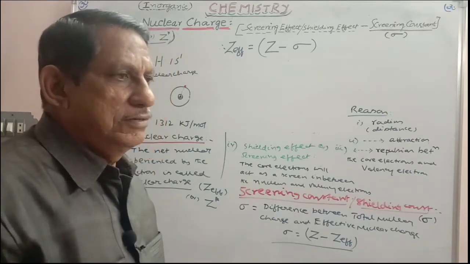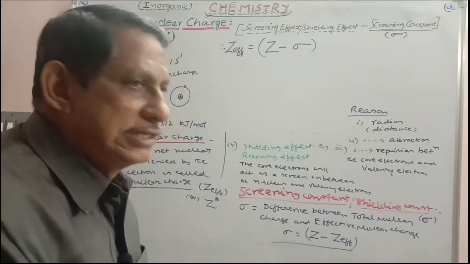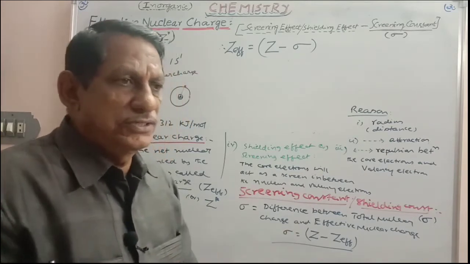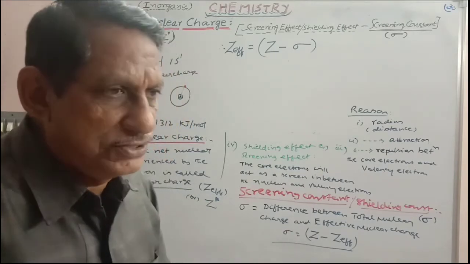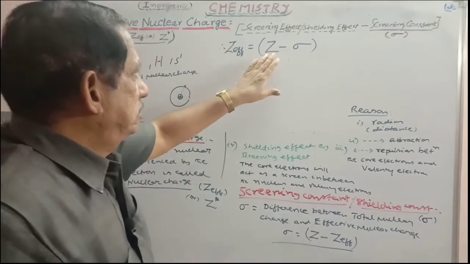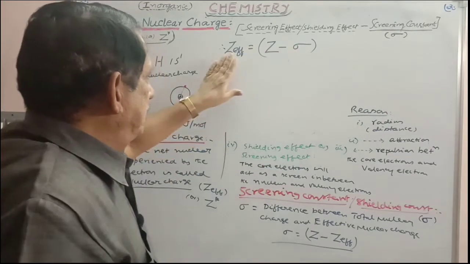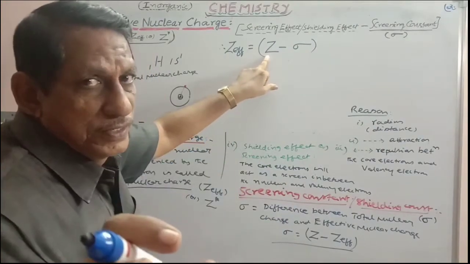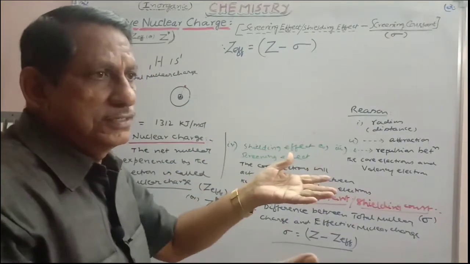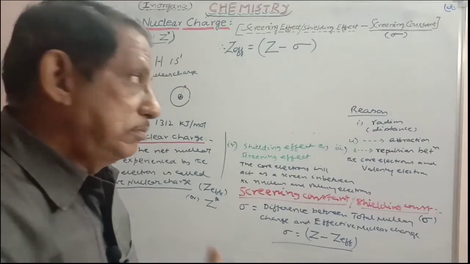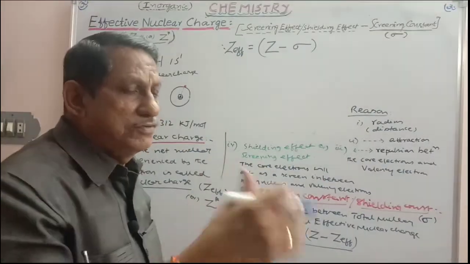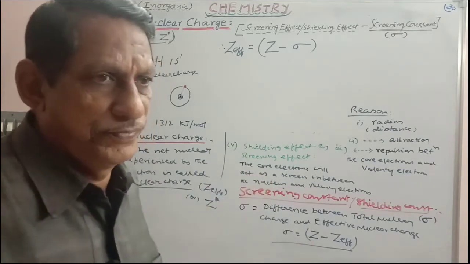You have to get the value for the screening constant, which will be varying from atom to atom. As the nuclear charge is changed, screening constant value will be changed. And so here Z minus sigma, Z effective is varying as sigma is varying, but Z is constant here. Z is atomic number. For an element, the atomic number cannot be changed. But here, effective nuclear charge will be changed as the sigma value changes. Sigma value will be different from atom to atom.